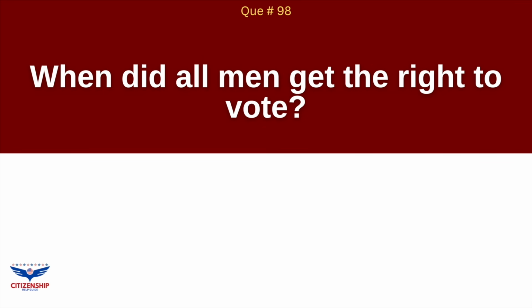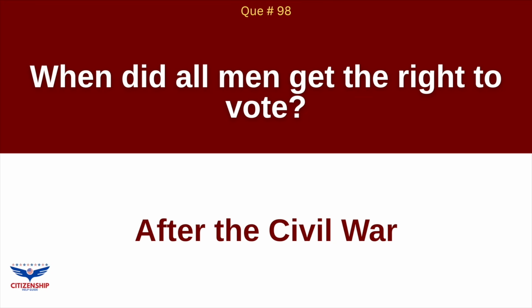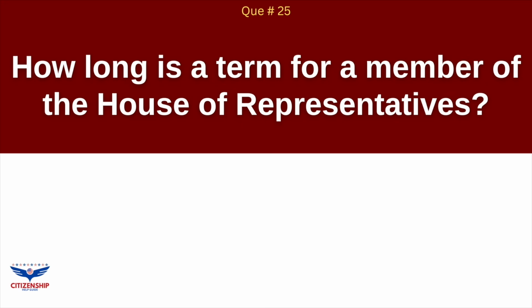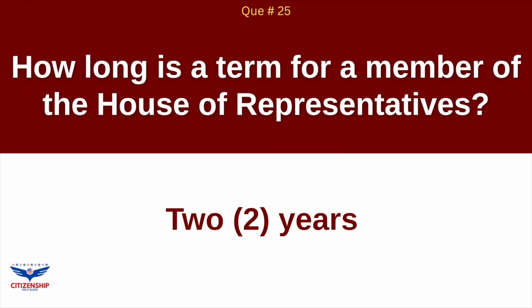When did all men get the right to vote? After the Civil War. How long is a term for a member of the House of Representatives? Two years.